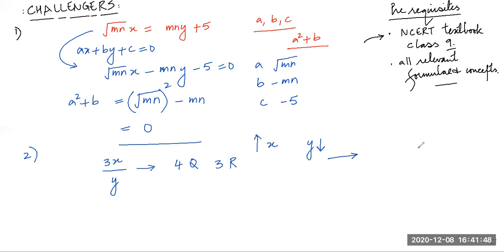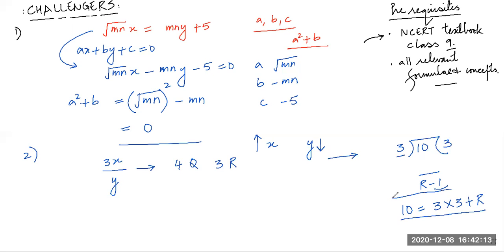Now we know that if 10 is divided by 3, what will be the quotient? Quotient will be 3. And what will be the remainder? Remainder will be 1. Beautiful. Now, how do we write 10? We can write 10 as divisor into quotient plus remainder.